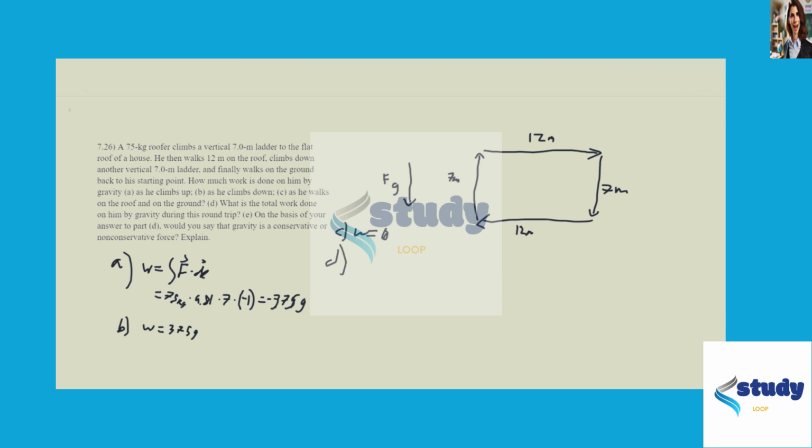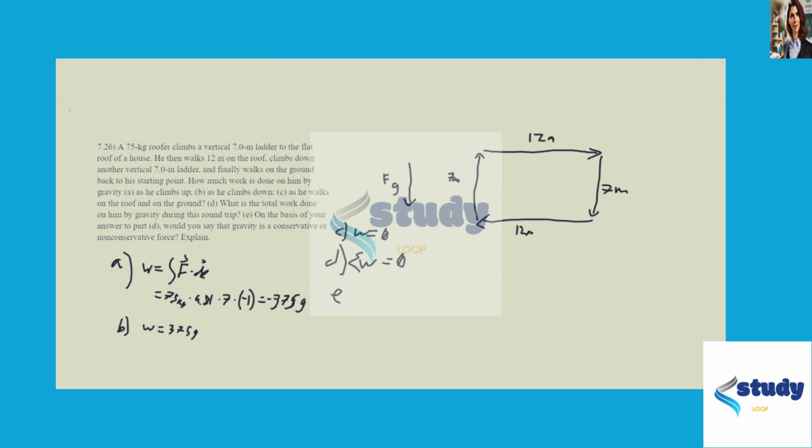And then for D, what was the total work done on him by gravity during this round trip? So we just need to sum up all the work done by gravity on the trips. So that's going to be -375 G plus 375 G joules plus 0 plus 0. That's going to be a sum of work equal to 0.